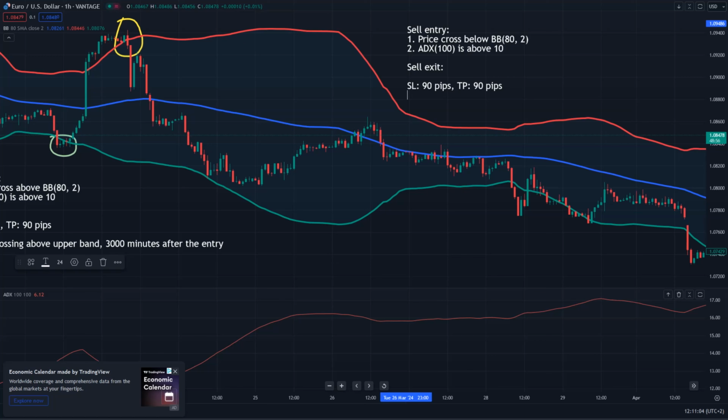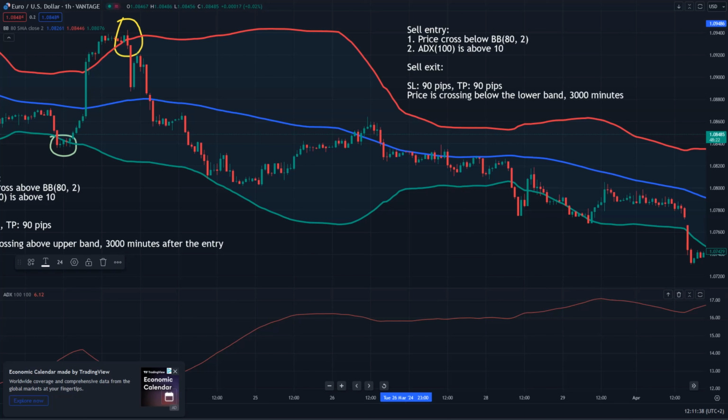if the dynamic exit strategy is fulfilled. So it is the following: when the price is crossing below the lower band, and it is very important, of course, we have to wait 3000 minutes before that.